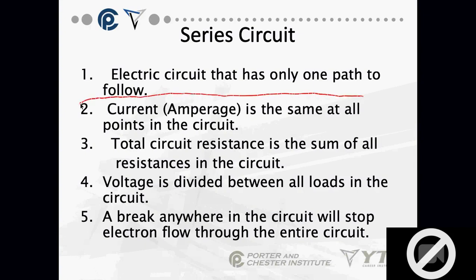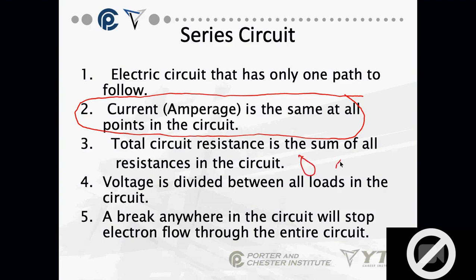In a series circuit, the current is the same at all points in the circuit. The total circuit resistance is the sum of all resistances in the circuit, and I'll show this to you again when we look at some diagrams.